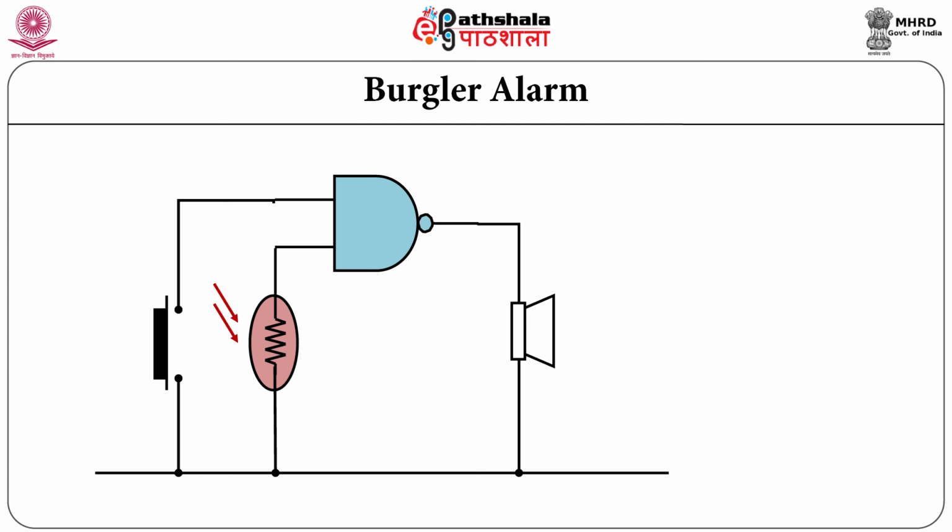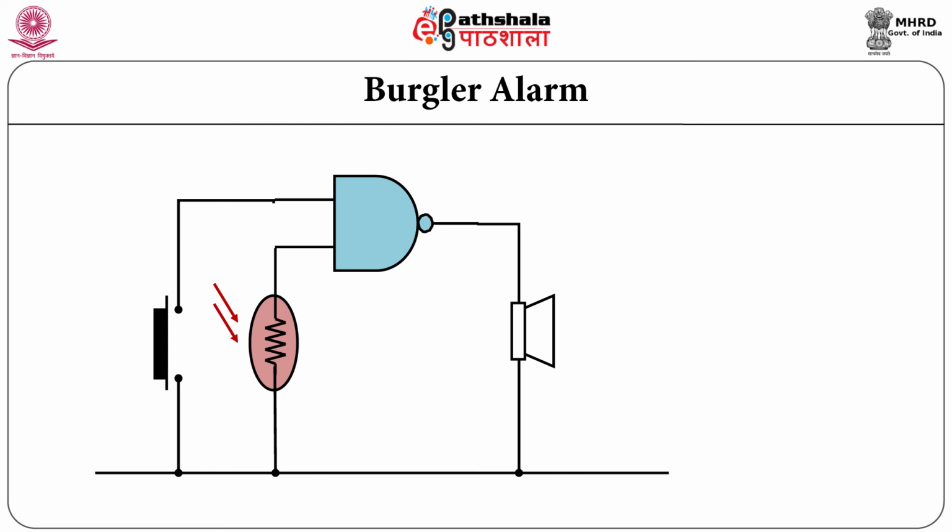Let us now consider last application in this module. This application is of NAND gate, which is popularly used in burglar alarm system. In addition to the NAND gate IC, LDR, push button switch and a buzzer are required in the application. The light dependent resistor, that is LDR, detects change in light intensity.